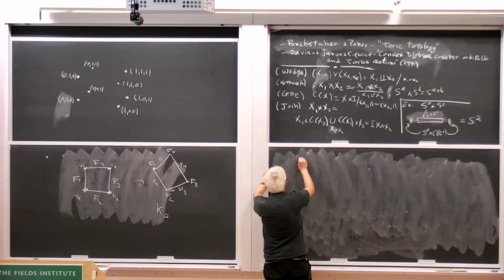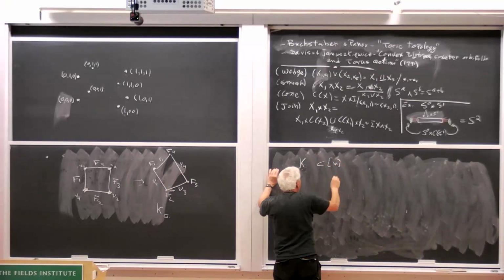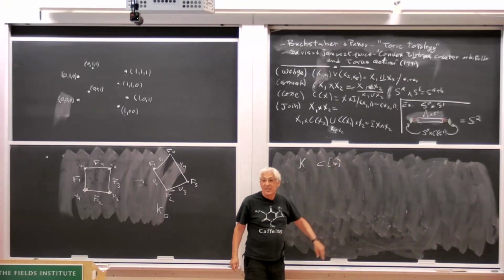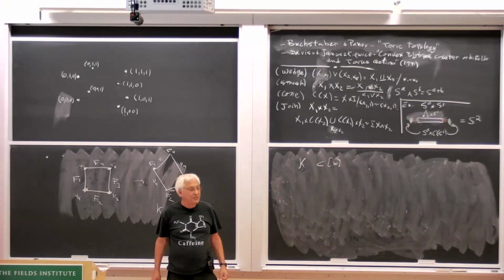So given the simplicial complex K, and when I write contained in M, I simply mean that this is the vertex set. K is a set of subsets of the vertex set 1 through M.